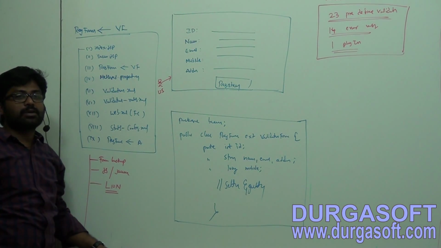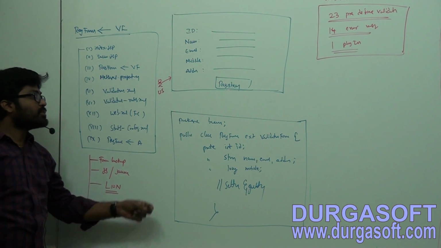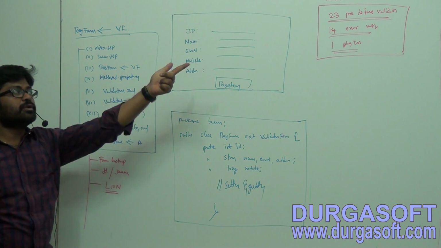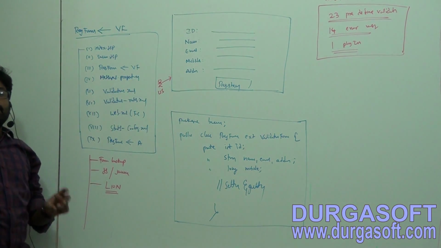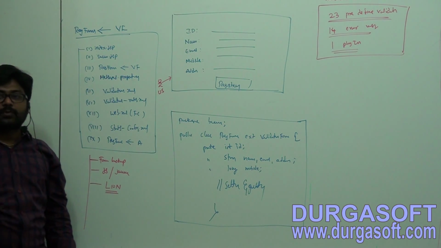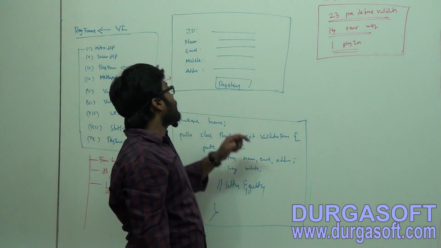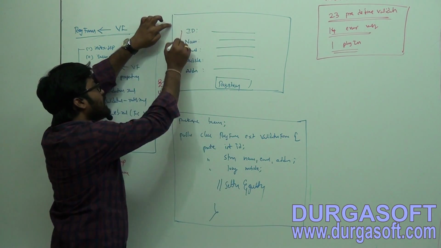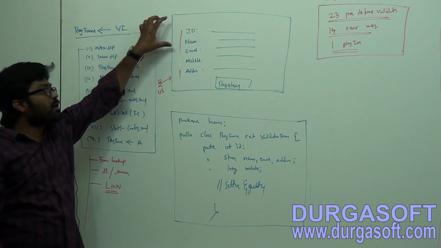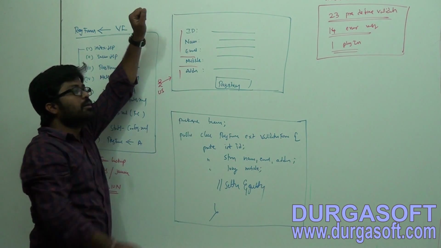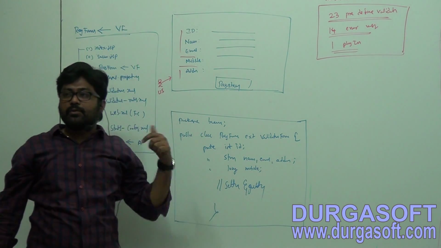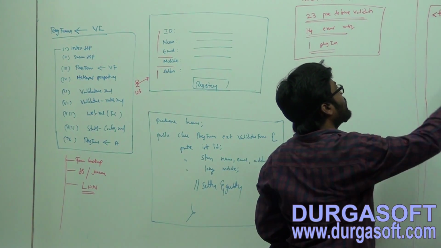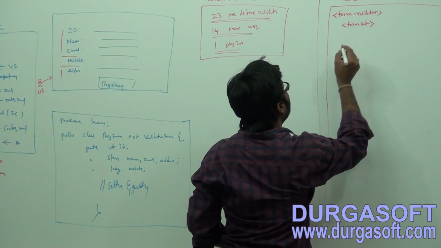That is localization: based on country or language, you apply the country-specific validations. ID, name, email, address: these four fields' validations are common for all countries. But for mobile number, one type of validation for US, one for UK, and one for India. So first configure the common validations.